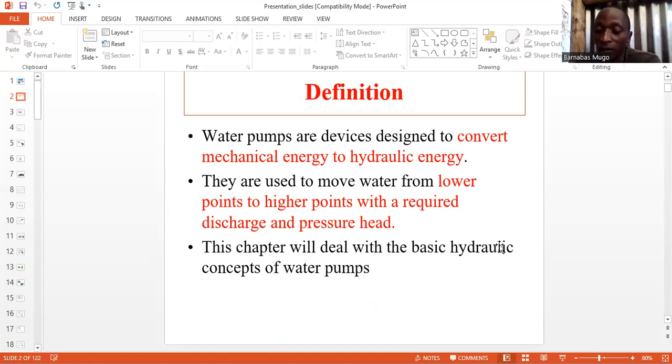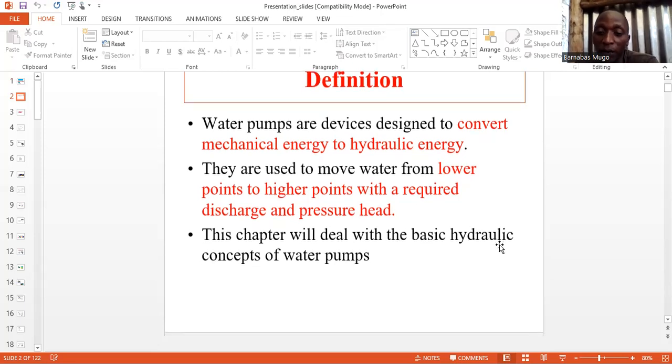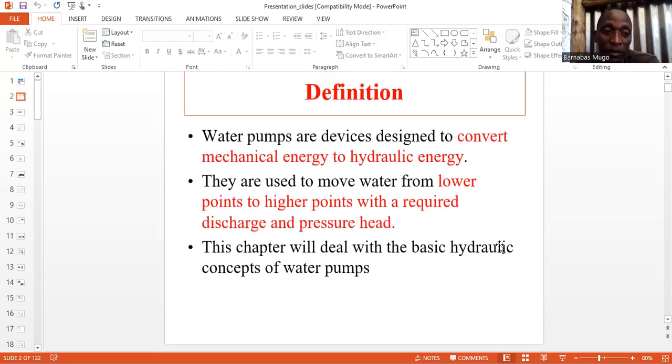So water pumps are used to move water from a lower point to a higher point with a required discharge and pressure head. That is the main purpose of the pump. This chapter is going to deal with the basic hydraulic concepts about the water pump.